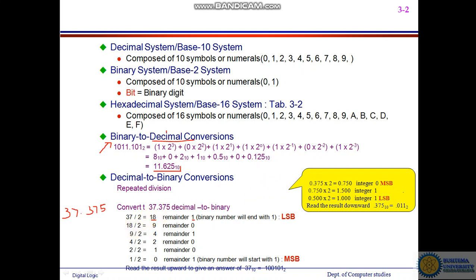Let's first leave the 0.375. Then we shall see that we have 1 divided by 2. This division is actually familiar to us. Now let's read the results upwards, and then we give the answer.